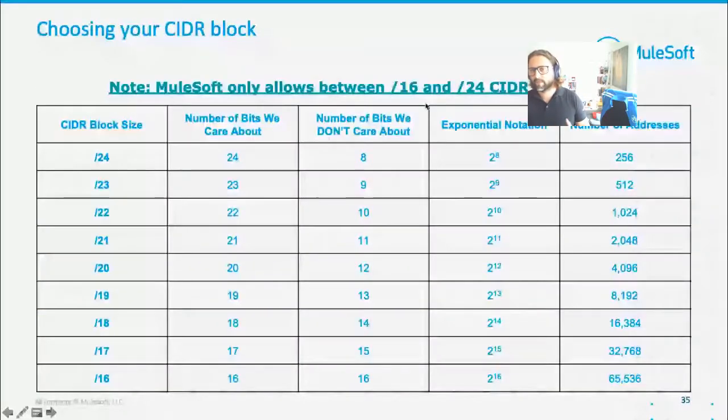So the minimum size of a VPC is 256 IP addresses, and the maximum you can choose is /16, which is 65,536 IP addresses.